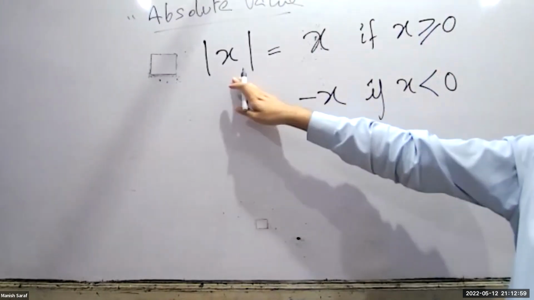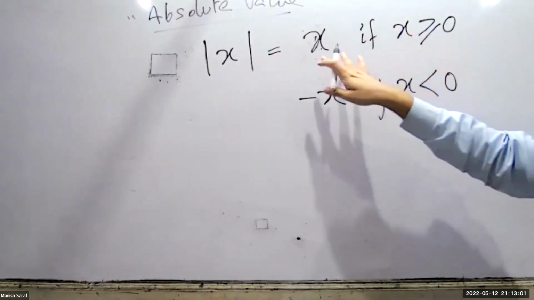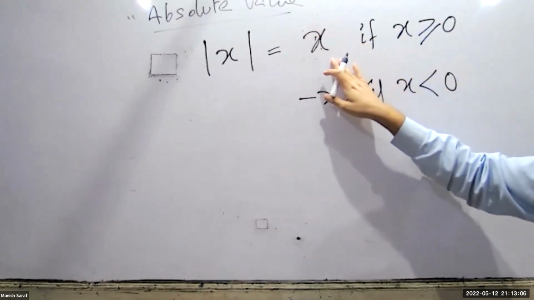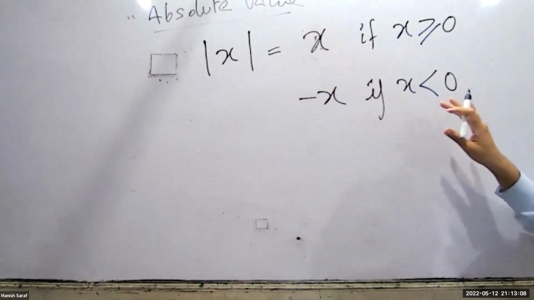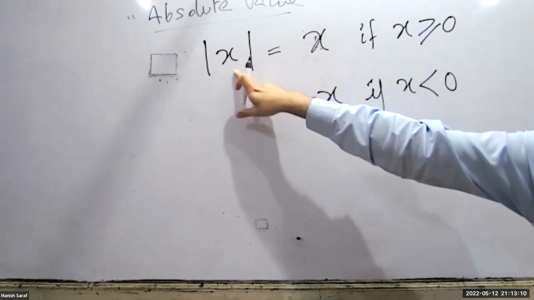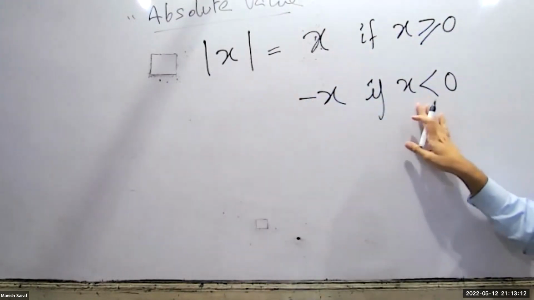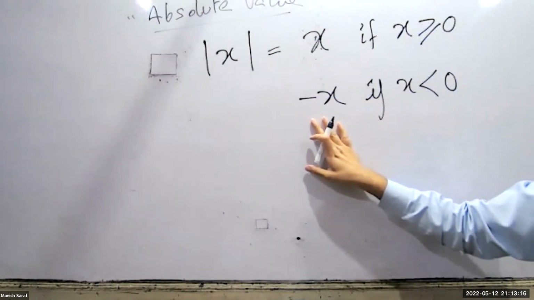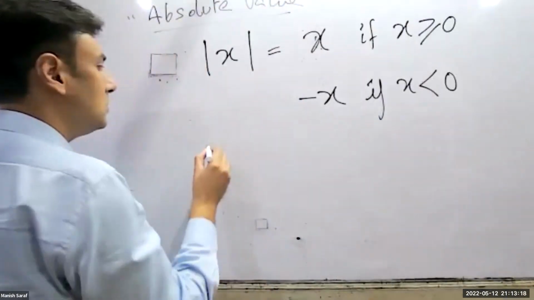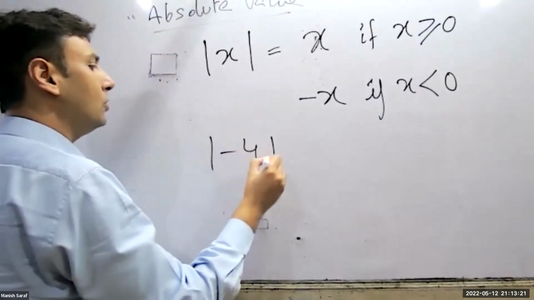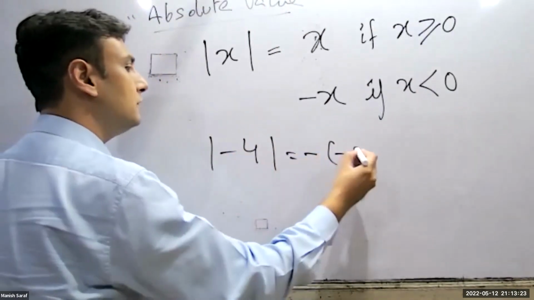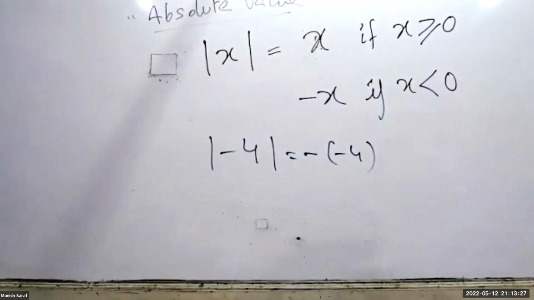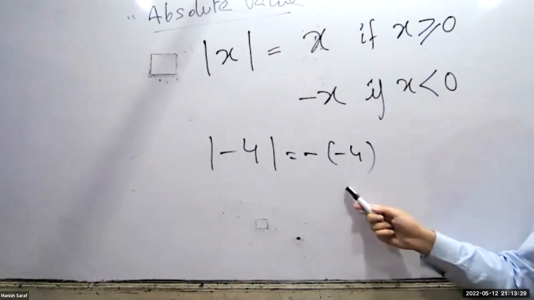So if the value of x is greater than or equal to 0, the function will return x. If inside the bracket, the mod function, the value is less than 0, then it will return minus, basically a sign change. So the absolute value of minus 4 would be minus of minus 4, which is basically plus 4.